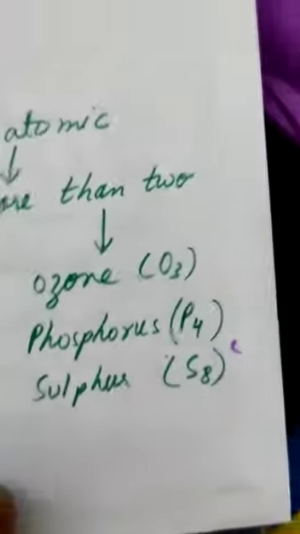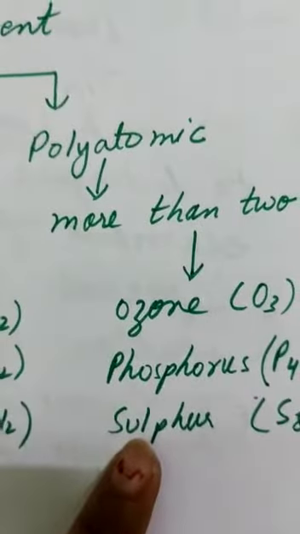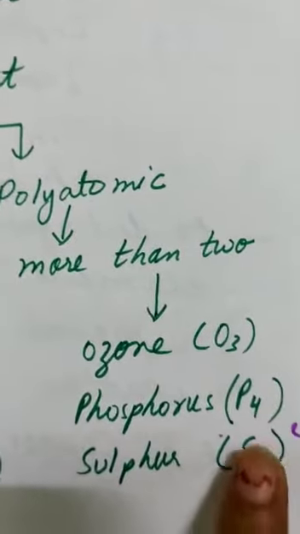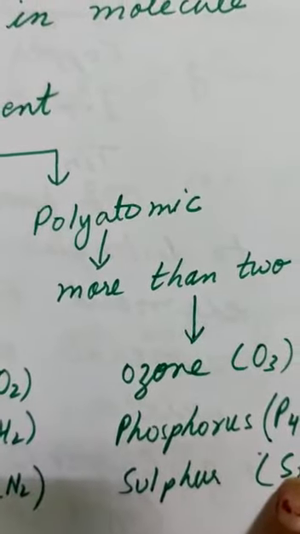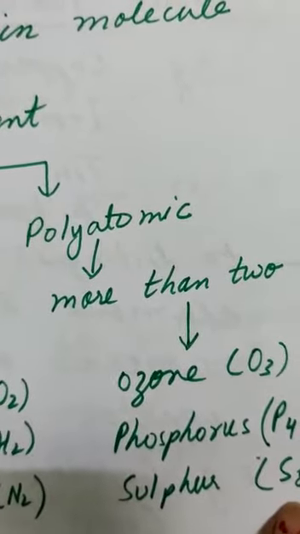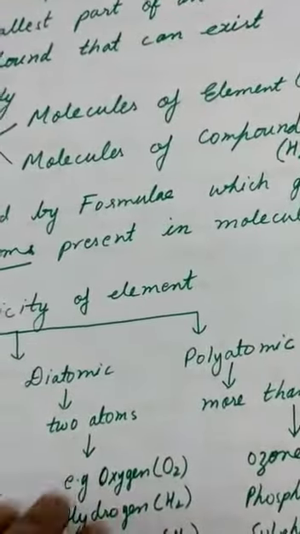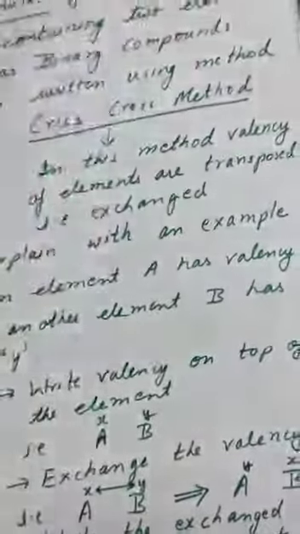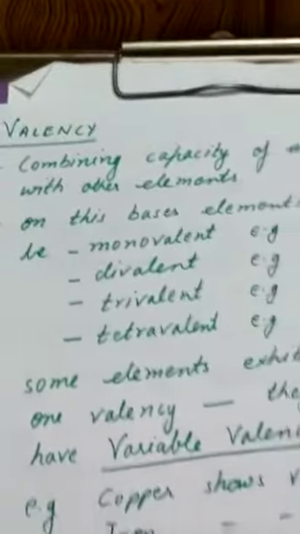Then one important example is sulfur. Sulfur is octaatomic. Octaatomic means it contains 8 atoms in a single molecule. So depending on the atomicity, molecules can be monoatomic, diatomic or polyatomic.